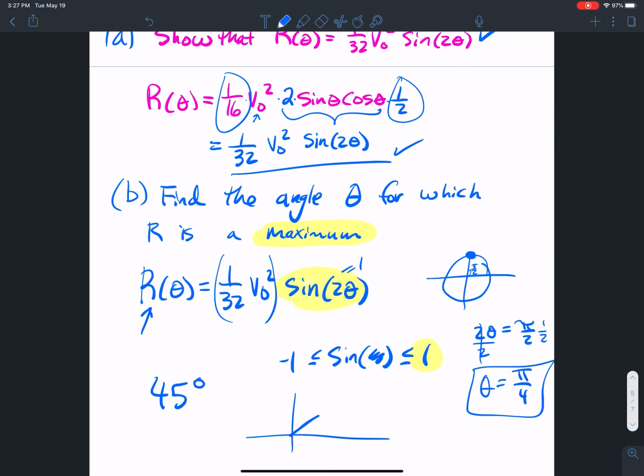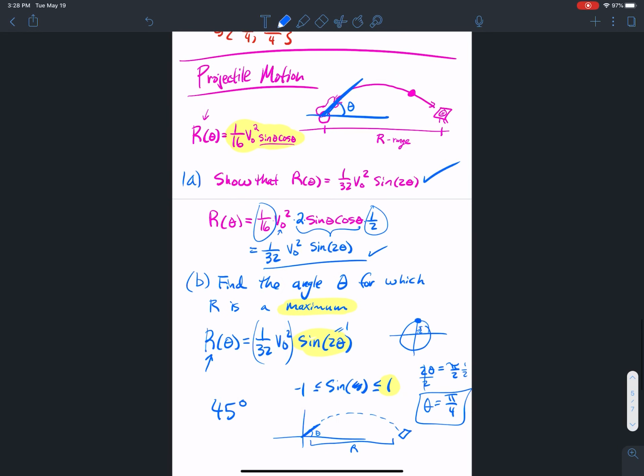So that angle theta is going to maximize the distance r traveled, okay? So the inclination to the horizontal of 45 degrees results in the maximum range. So 45 degrees, or pi over 4, is the optimal angle to shoot your little projectile. All right.